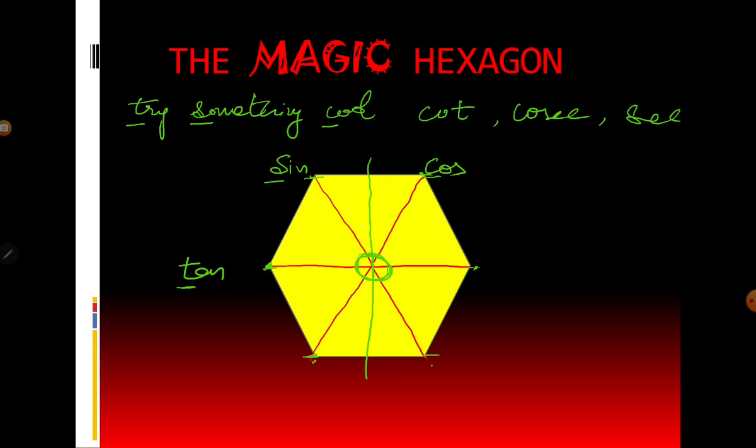All the C's, all the CO's, all the co-functions, we can write on the right side. So here we'll write cot. Cotangent is the reciprocal of tan. That is opposite to tan, cotangent opposite of tan.